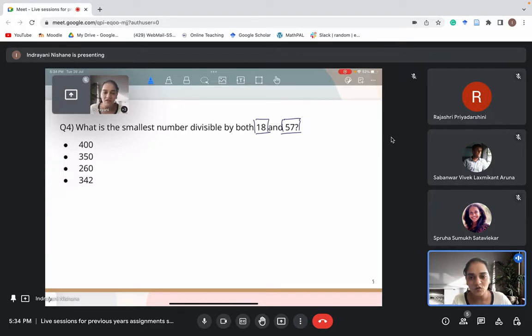So we are supposed to find the LCM of 18 and 57. So let's try doing factorization of both 18 and 57. So 18 is 2 into 9, which is 2 into 3 into 3, and 57 would be 3 into 19.